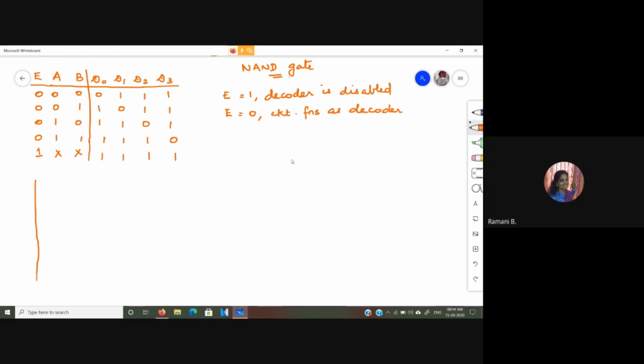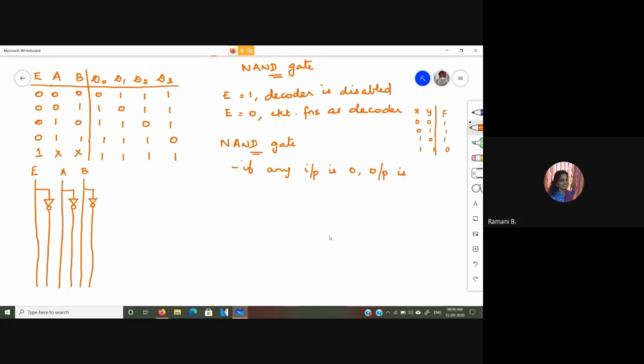So we have the enable input, E, then we have the input A, and next we have the input B. In a NAND gate, if any input is 0, the output is 1, and if all the inputs are 1, output is 0.